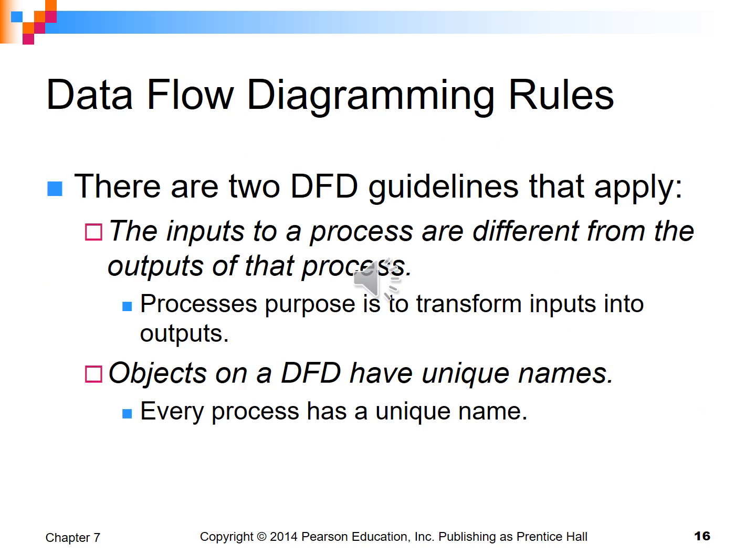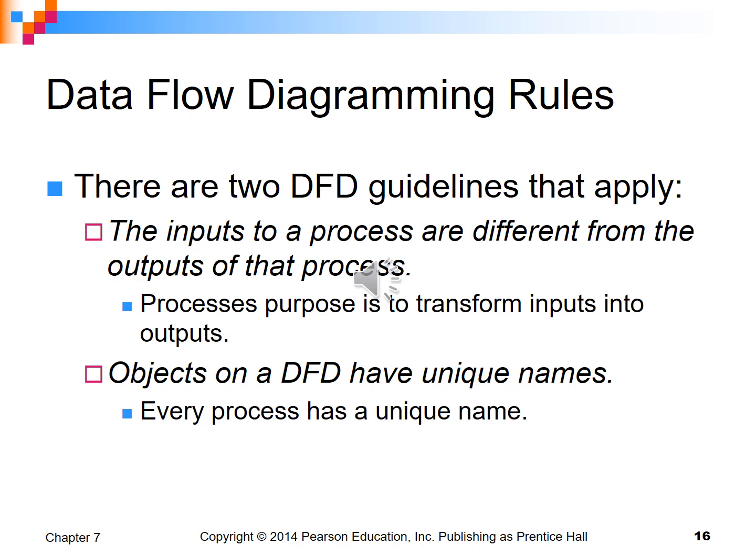Data flow diagram rules. There are 2 data flow diagram guidelines that apply. The input of a process is different from the output of the process. A process's purpose is to transform input into output. So if there is a process, the arrow comes from something and goes inside the process. The output goes outside. So we cannot have one data flow with 2 arrows.